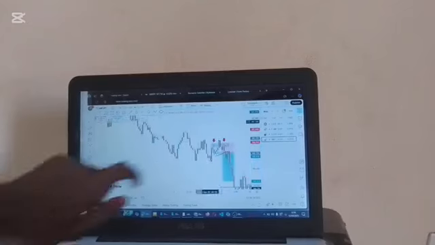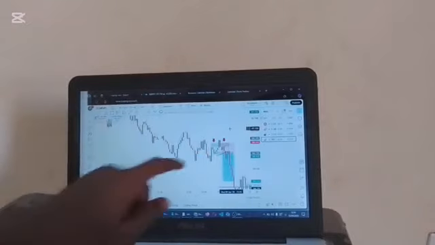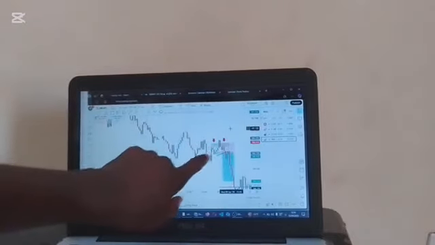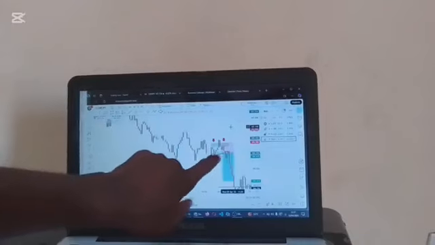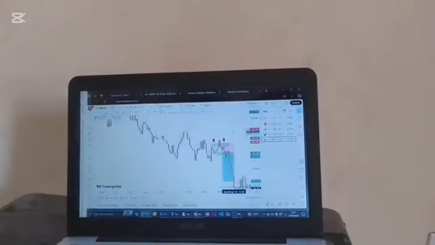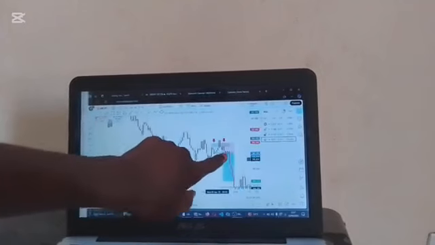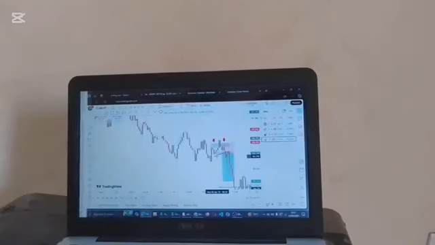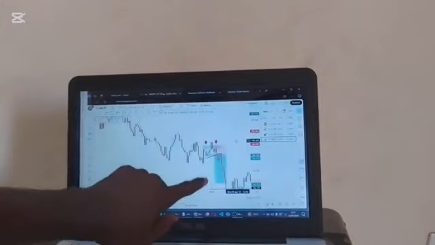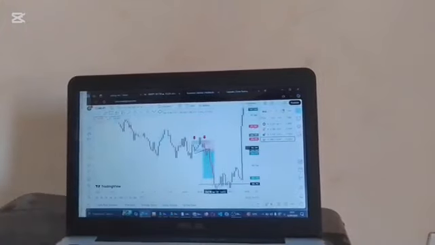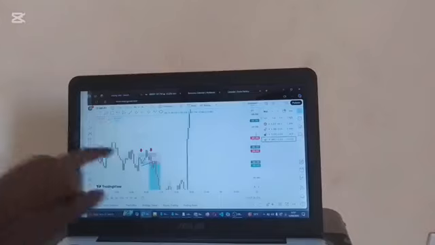We used the head and shoulders pattern to take this trade. And you can see that there was a trend line here. There was a break of the trend line first, then a break of the support zone, and we went down. So that was it for this trade.